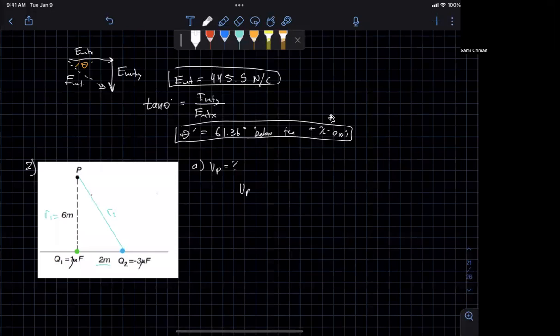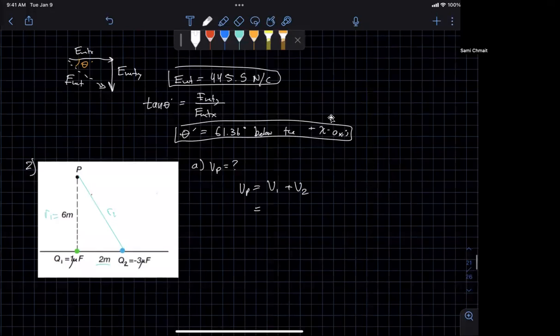So that means VP is equal to V1 plus V2. Our equation for this again is KQ over R. So that means it's going to be KQ1 over R1 and then KQ2 over R2. Let's factor out the K, just to make it a little cleaner.